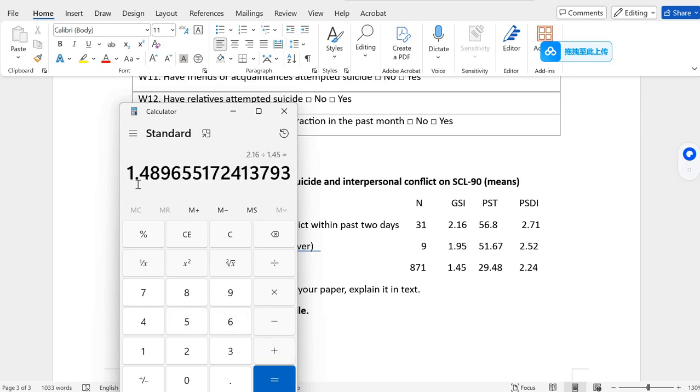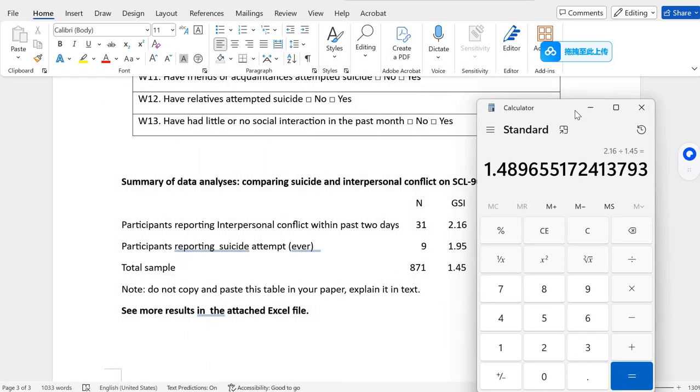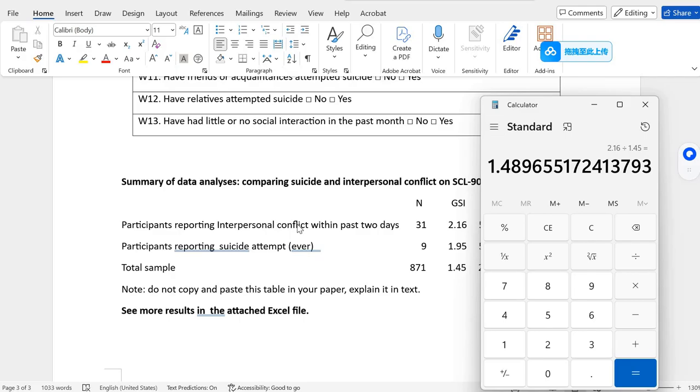Yeah, that's 1.5 times as high. Participants reporting interpersonal conflict were 1.5 times as high as the total sample on Global Symptom Index. You have to calculate this and report it in the paper.